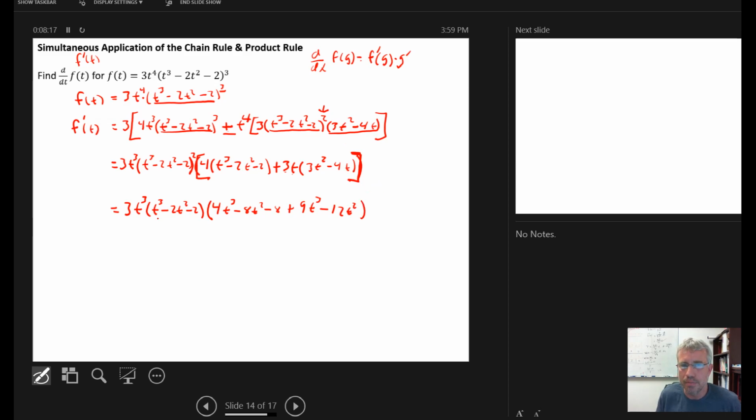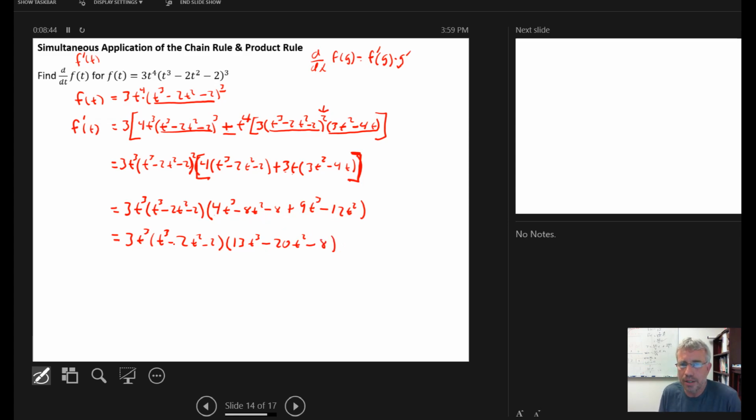And now I'm going to go ahead and combine like terms inside of there, equals 3t cubed times t cubed minus 2t squared minus 2 times 4t cubed plus 9t cubed is 13t cubed, combining like terms, minus 8t squared minus 12t squared is minus 20t squared, and the constant term minus 8.